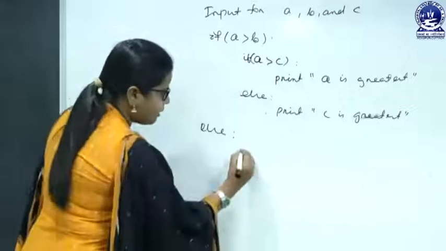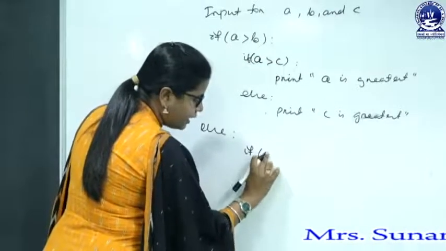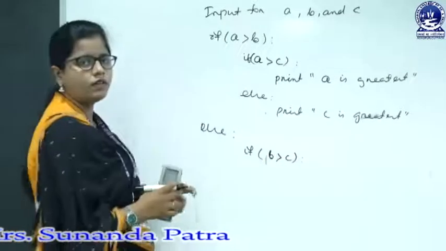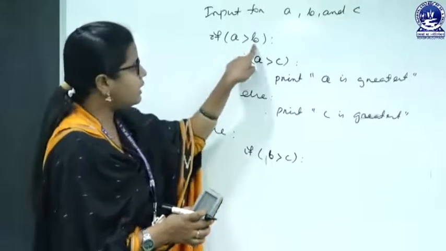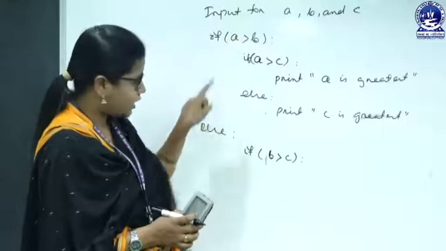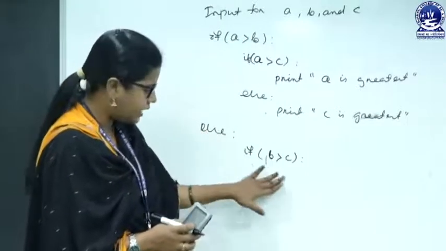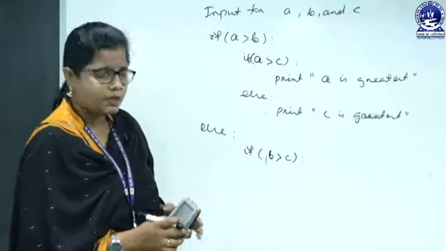So in the else part, again the nested if will start, and here we have to compare B with C. If B is greater than C, here B is greatest. That's why we have come to the else part. Now B is greatest, and here also B is greater than C. If it is true, then obviously B is greatest.